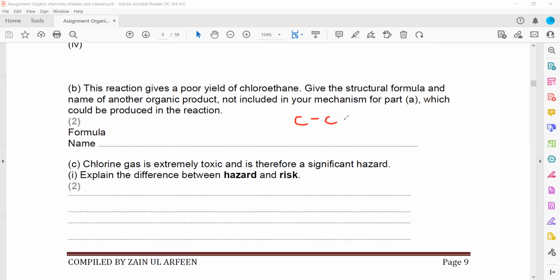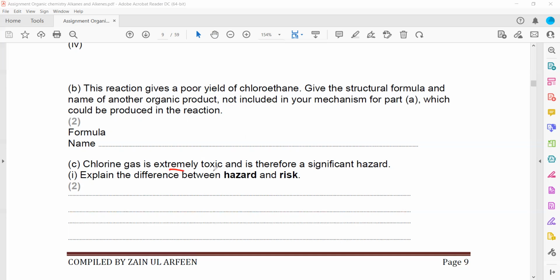So we are considering only one chlorine, or it will be 1,1-dichloroethane. On the first position, 2 chlorines are attached. Or it might be trichloro, or tetrachloro might be possible as well. So there are multiple possibilities.